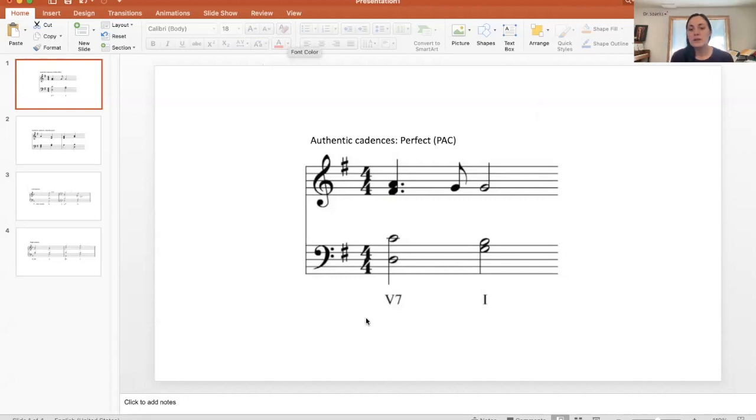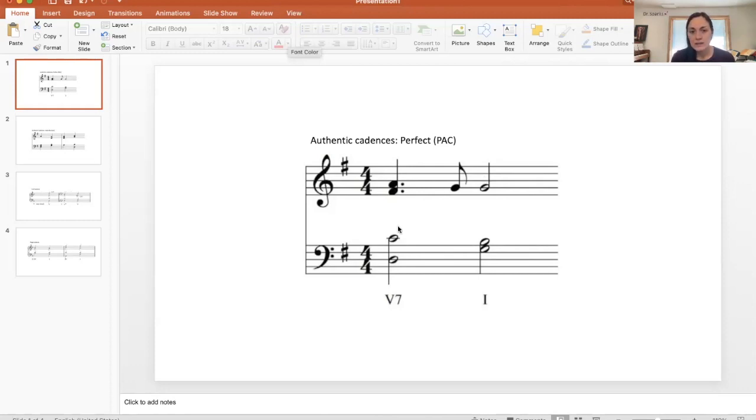We are going from a 5, it can be a 5/7, it can be a regular triad, in root position, it has to be root position, to a tonic chord in root position. Both have to be root position. Okay, that's number one. Number two is that our melody line has to step down or up using either a ti-do or a re-do construction.